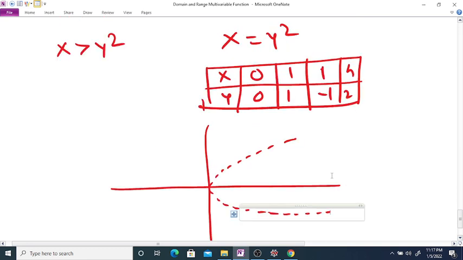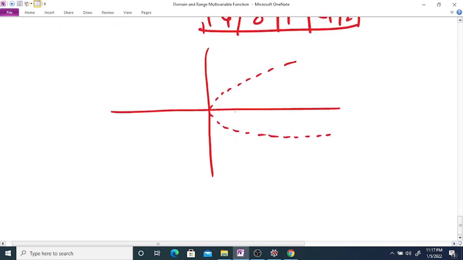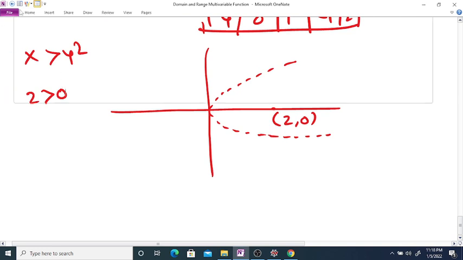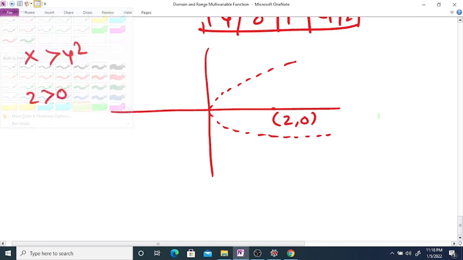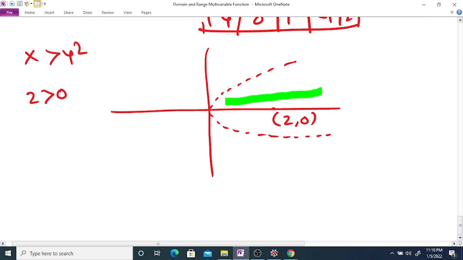Now we are going to decide: if we take an inside point here, say (2, 0), and plug this point into x greater than y square, then 2 is greater than 0 is a true condition, and therefore this is the domain of the given function.